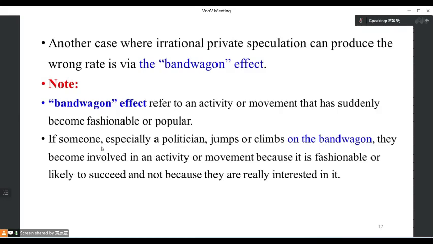If someone, especially a politician, jumps or climbs on the bandwagon, they become involved in an activity or movement because it is fashionable or likely to succeed, and not because they are really interested in it.